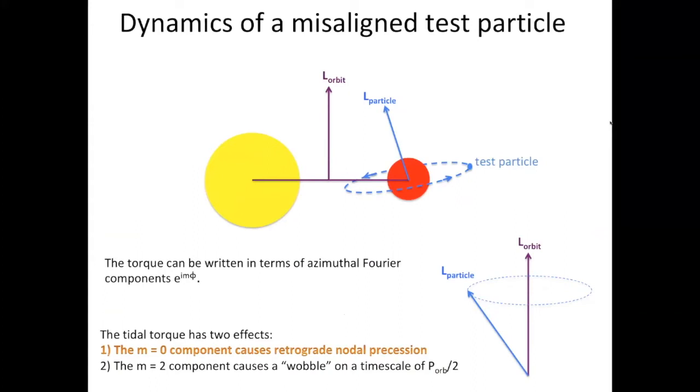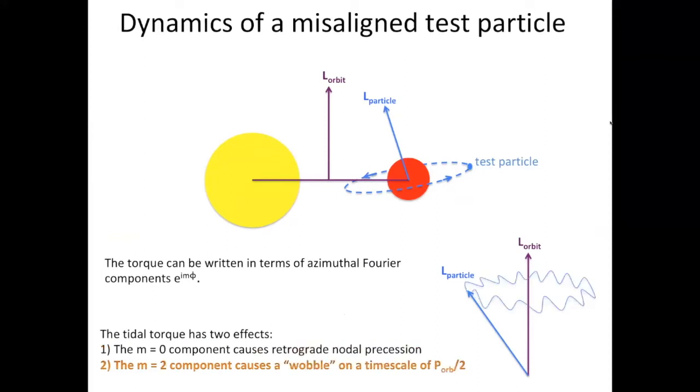I tried to describe this in the lower right sketch. So the purple upright vector describes the angular momentum of the binary, while the blue vector describes the angular momentum vector of the particle orbit. So the angular momentum vector of the particle orbit precesses around the angular momentum vector of the binary orbit.